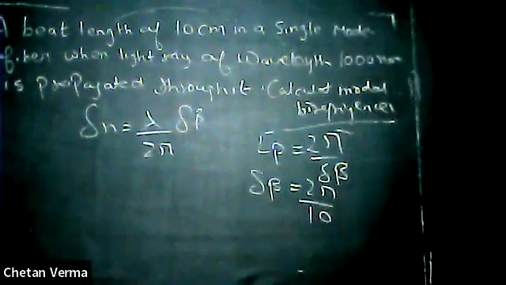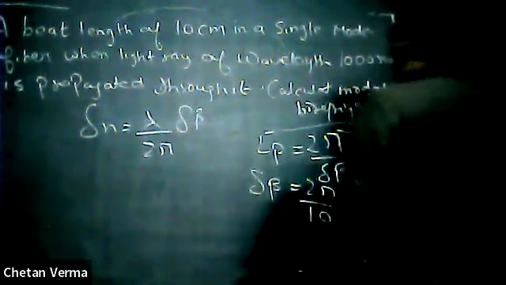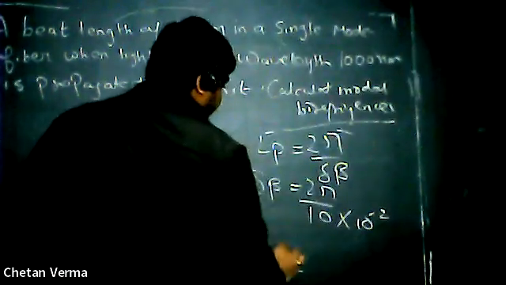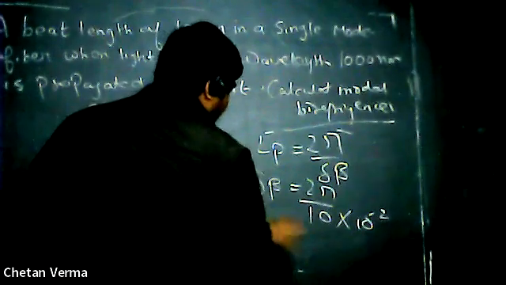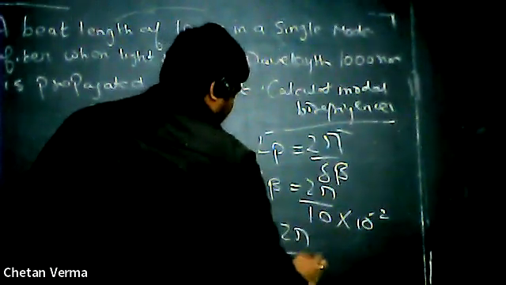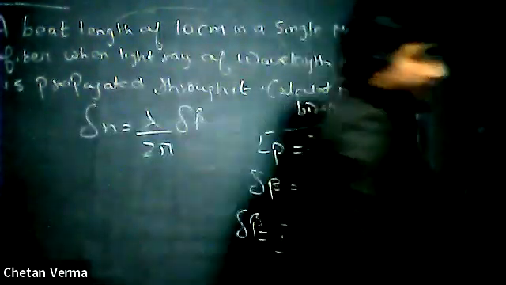So the answer is now 2 pi over 10 centimeter, converting to meters, delta beta is 2 pi by 10 raised to power minus 1.